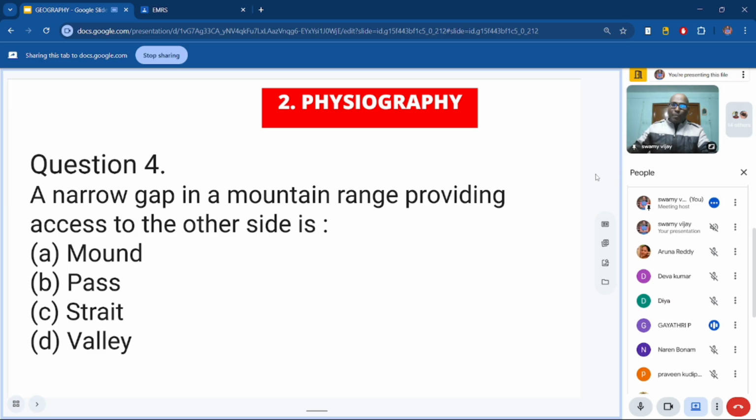Next, Gayatri ma'am. A narrow gap in a mountain range providing access to the other side is option A, mount, option B, pass, option C, strait, option D, valley. So there is a narrow gap between 2 mountain ranges so that we can travel from one side to another side. That is called a pass.